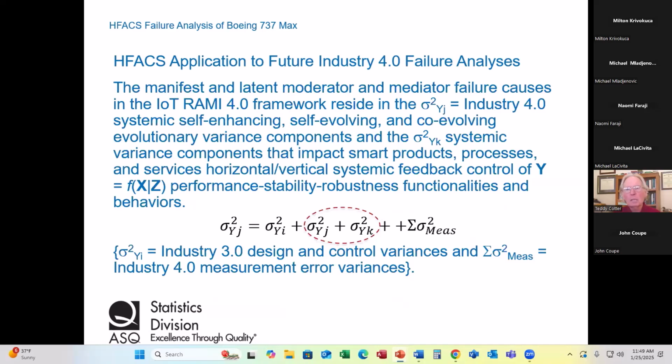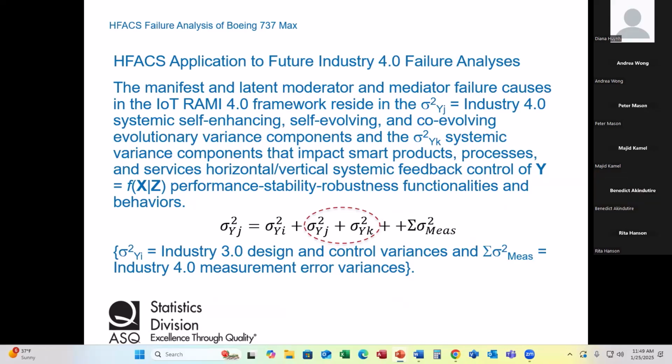And then, of course, the sigma square yi is the Industry 3.0 design and control variances. If you attended my August 21st discussion, no design is perfect. We like the Y equals f of X model, but that assumes a one-to-one bijective mapping, and we rarely have bijective mappings in our designs. And then the sum of sigma square measurement error on the end.